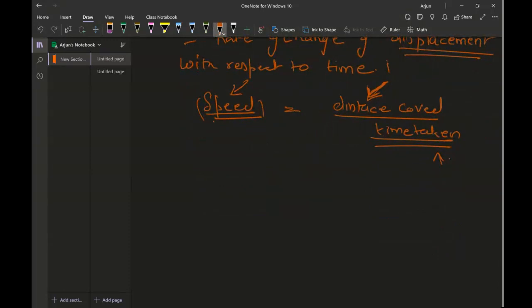Now I'll take an example. If a car has covered, let's say 100 kilometers, or I'll use the SI units, 100 meters in 10 seconds. Find velocity. What I'm going to say is 100 meters the car has covered.